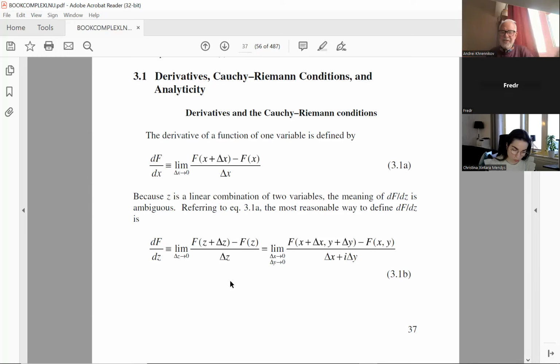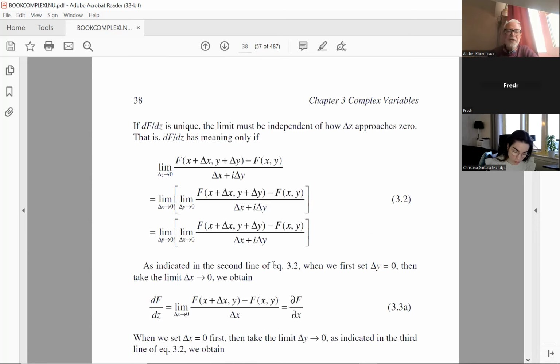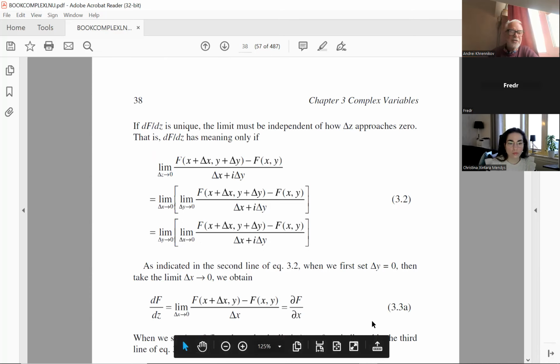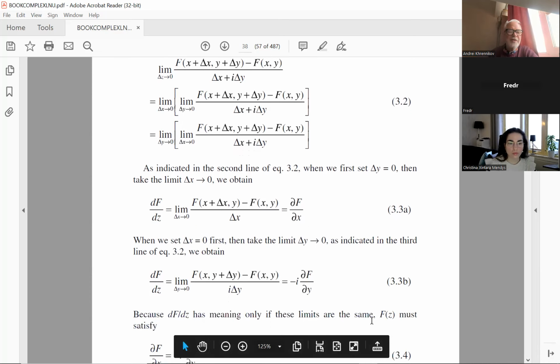The main trick is that this z has two parameters, x and y. And this limit is when both of them go to 0, delta x goes to 0 and delta y goes to 0. So we can write it in this way or in this way, and we should get the same result. Then we get two different expressions. If we go this way, we get this partial derivative.